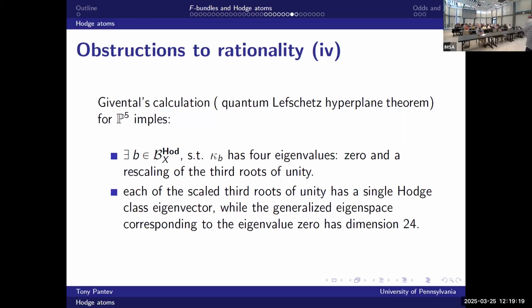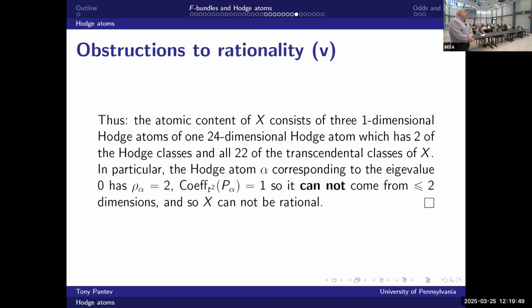In fact, you know, when you dig deep in this Givental calculation, you can compute the dimension of the generalized eigenspaces for the quantum multiplication by the canonical class, all at this special point on all the algebraic classes. And so it's a 5-dimensional space of algebraic classes, and you get 1 2-dimensional generalized eigenspace for eigenvalue 0 and 3 1-dimensional. So the atomic content of X actually consists of 3 one-dimensional Koch atoms and 1 24-dimensional atom. As I said, you can compute it, and this is what you get.